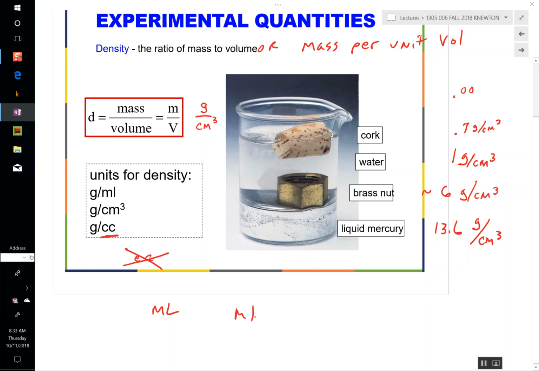Why did they eliminate that? Because this and this got confused too often. So you'd say, oh, they need 1 cc, and what were people getting? 100. It was leading to mistakes because of bad penmanship.